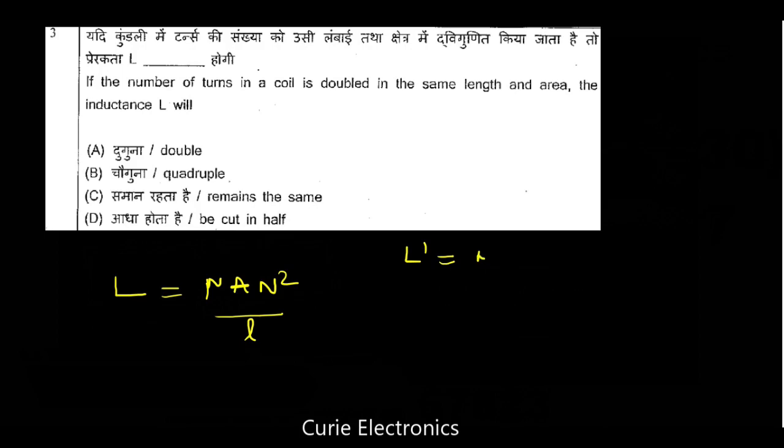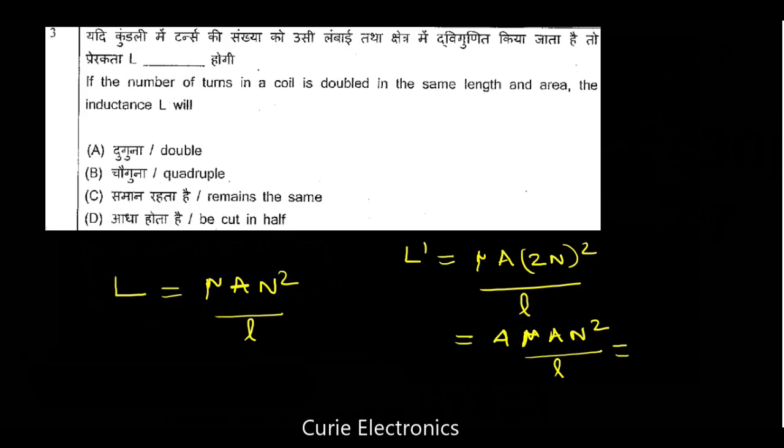So mu A (2N) whole square upon L, which simplifies to 4 mu A N square upon L. Mu A N square upon L is L, so we can replace it by 4L.